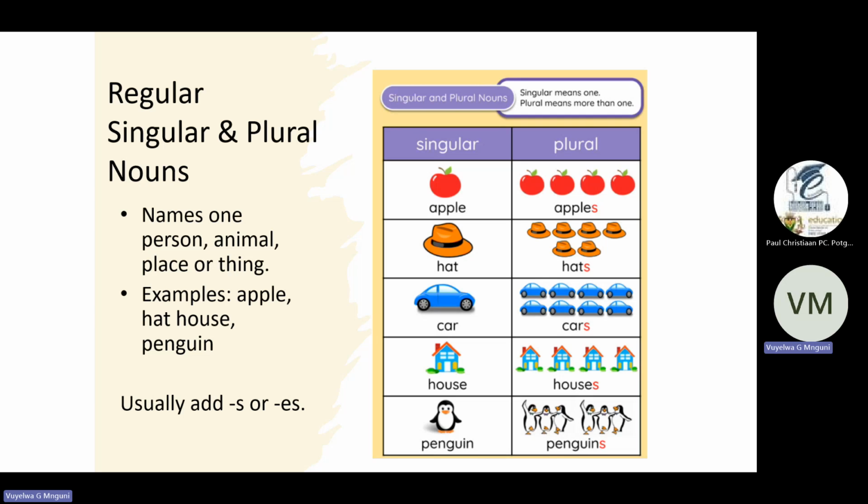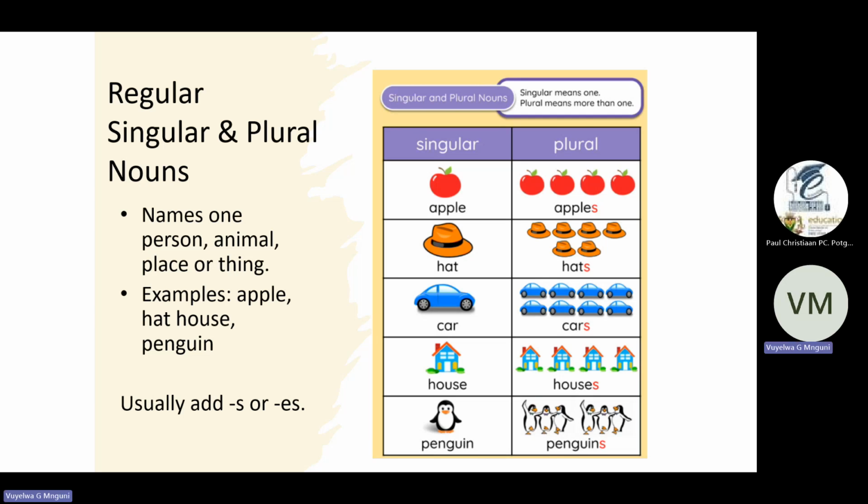If you look at those examples there, we have apple in a singular form, one apple. But if we have many apples, we call them apples. We have a hat. If there are more, we say hats. We have a car.